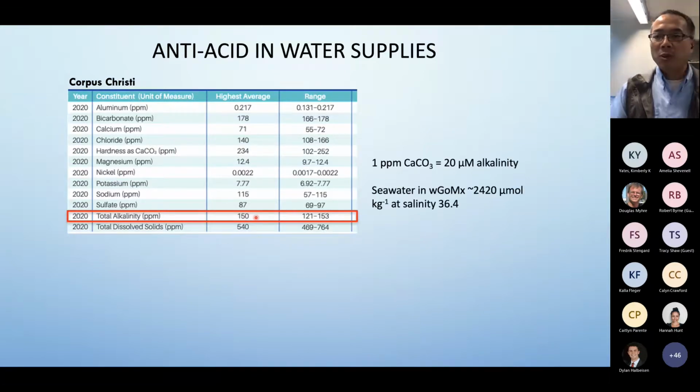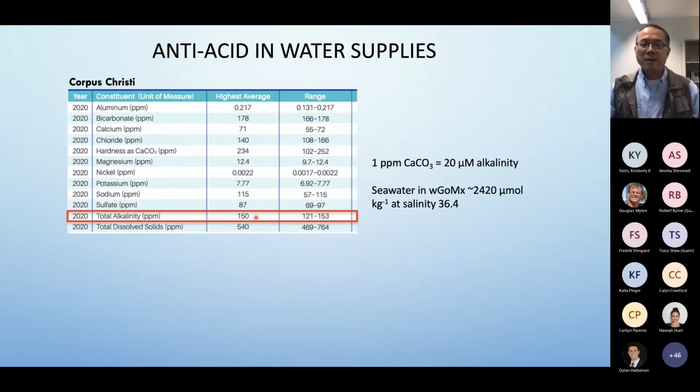To convert ppm of calcium carbonate to micromole per liter of alkalinity, you just multiply by 20. So 150 multiplied by 20 would give us 3,000. This 3,000 micromole per liter of alkalinity is greater than what we see just offshore from Texas, 2420 micromole per kilogram at a salinity of 36.4.